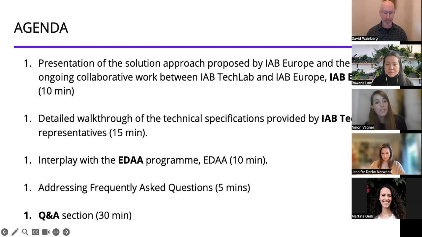Then we will have a deep dive into the actual technical solution by Rowena Lam, who's a Senior Director of Privacy and Data at IAB Tech Lab. Rowena will run you through the DSA transparency specification that has been recently released by IAB Tech Lab for public comments.